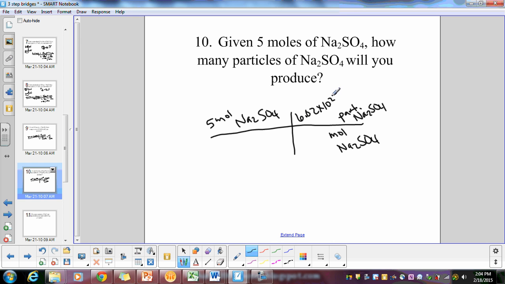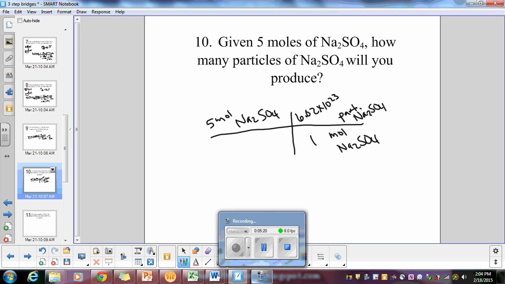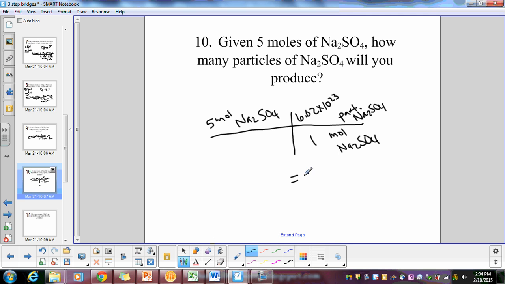So 6.02 times 10 to the 23rd and 1 mole. And 5 times 6.02 times 10 to the 23rd divided by 1 gives us 3.01 times 10 to the 24th. So this is 3.01 times 10 to the 24th particles of sodium sulfate.